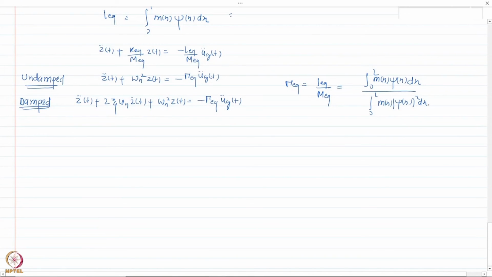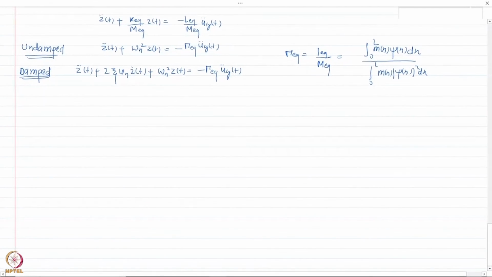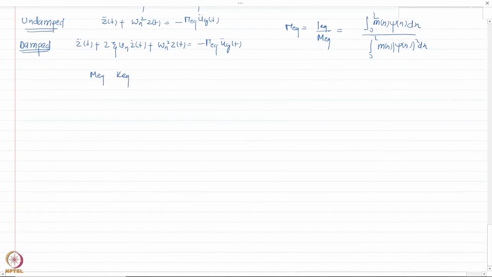Okay, so we have been able to reduce our continuous system to a single degree of freedom system, and utilizing that we are going to find out the response of the system. Now once we find out M equivalent and K equivalent, it is very easy to find out the frequency of the system as before.